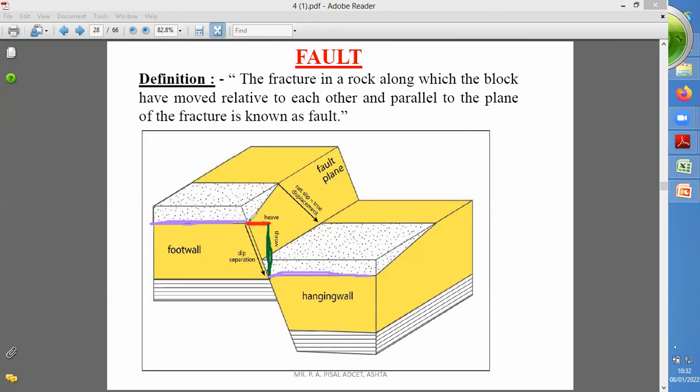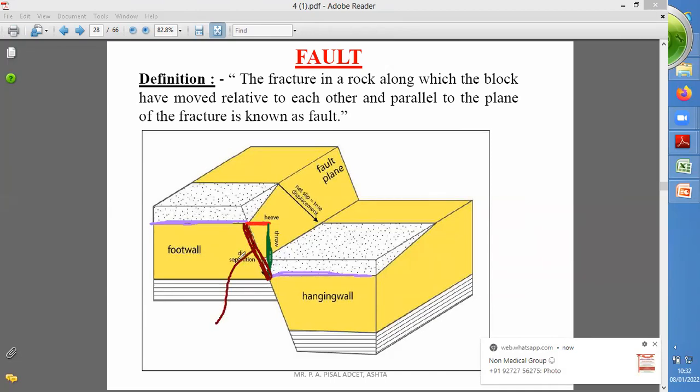Now when the block moves horizontally and vertically, oblique displacement will be there. म्हणजे हॉरिझॉन्टली आणि व्हर्टिकली जर ब्लॉक मूव्ह होत असेल तर त्या ठिकाणी थर्ड डिस्प्लेसमेंट सुद्धा तयार होत असते, ऑब्लिक डिस्प्लेसमेंट. Okay, so that oblique displacement is considered a slip.